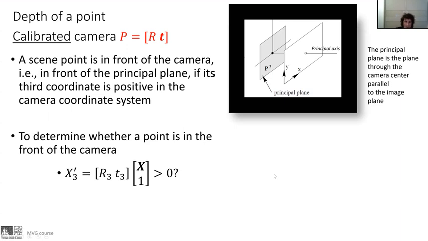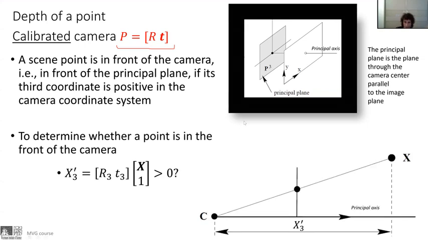Okay, sorry. So, recap the issue of the depth of a point. First of all, a calibrated camera is a camera for which I know the internal parameters, which I know K. And if I know K, I can cancel out K, the inner parameters. A calibrated camera is of this form, where I have only the external parameters. So we saw that for a calibrated camera, we know how to calculate the depth.